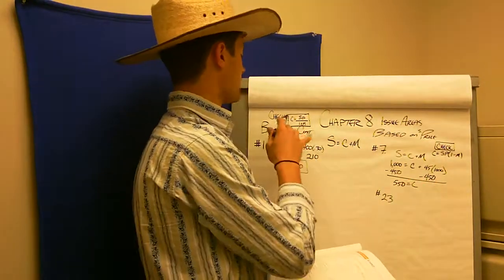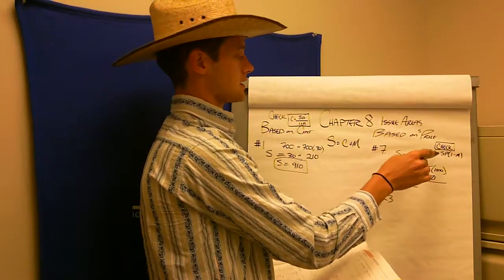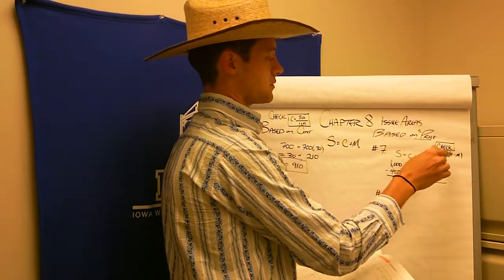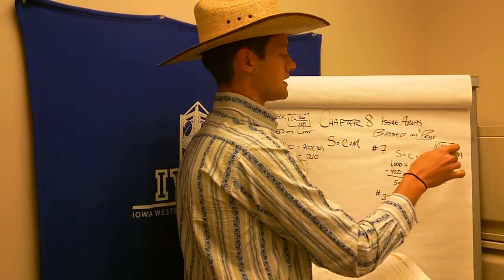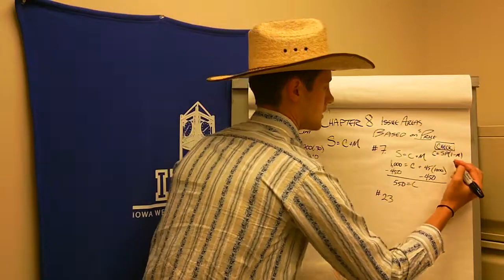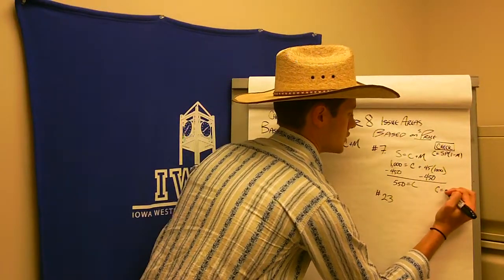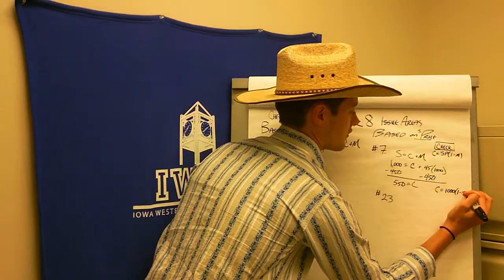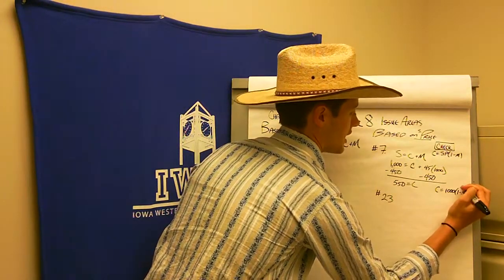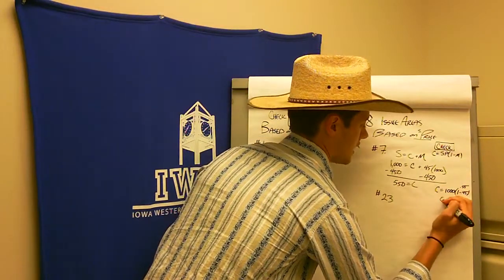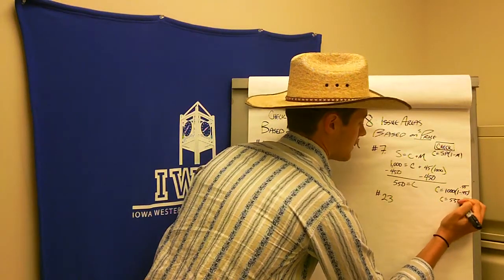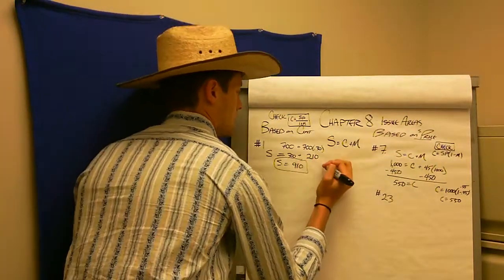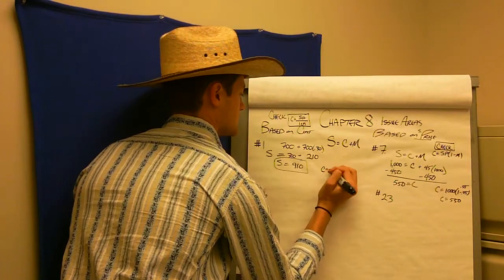So cost is equal to 550. Okay, now both of these have checks. The check for based on price is cost is equal to selling price times 1 minus the markup. So cost should equal 1,000 times 1 minus 0.45, which is 0.55 times 1,000. Cost is equal to 550, which is what we came up with. Over here, the check is cost is equal to selling price divided by 1.30.